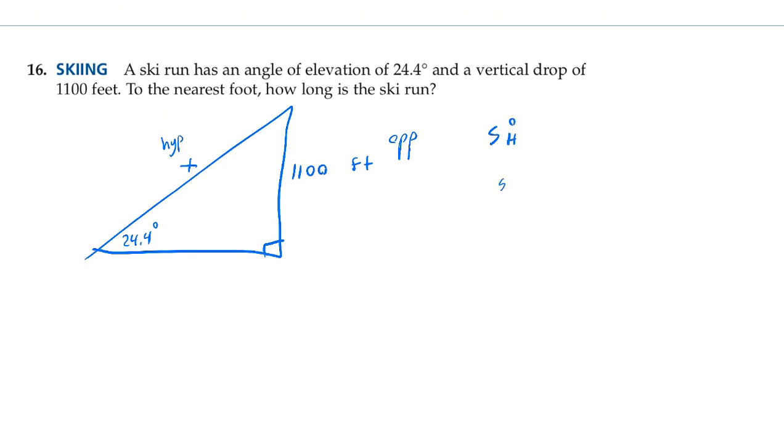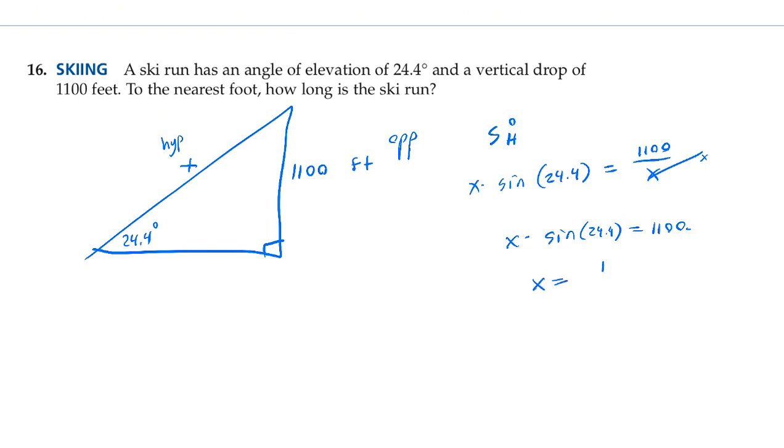So that's sine of 24.4 equals the opposite, 1,100 over x. So multiplying both sides by x, that cancels. We get x times sine of 24.4 equals 1,100. And then we're going to divide both sides by the sine.